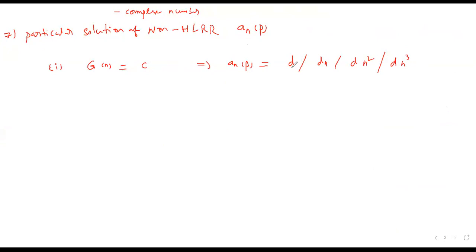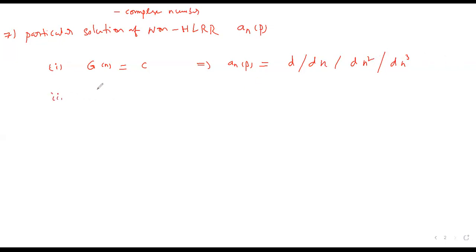First we can take constant. If it satisfies the equation, okay. Otherwise you can take dn. Suppose dn satisfies the given recurrence relation, okay. Otherwise you can take dn square. Otherwise dn cube. Similarly you can find it. That is the case 1.